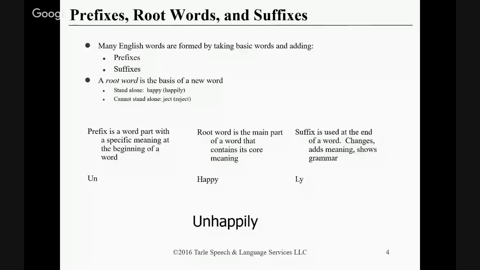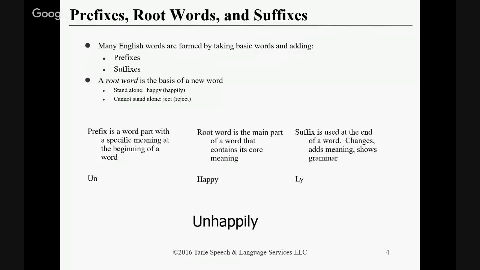So let me go ahead and share my screen again so you could see a good example here. A prefix is the part of the word with a specific meaning that comes at the beginning. A suffix is used at the end of a word, and it changes or adds meaning, or shows grammar. And the root word is the main part of the word. It contains the core meaning.